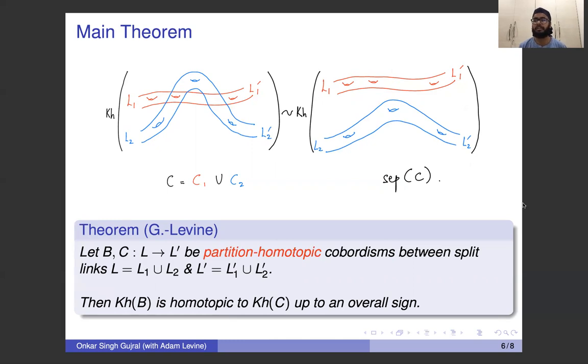Then the induced Khovanov maps are homotopic to one another up to an overall sign. In this picture, we suppress the overall sign just for the sake of keeping things slightly simple, but technically there is an overall sign over here.